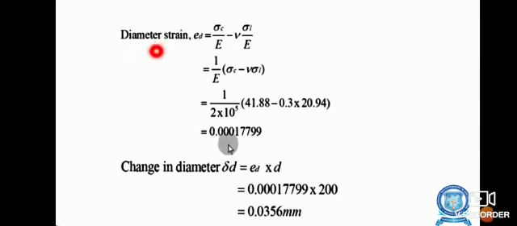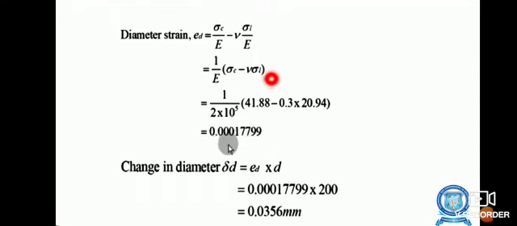Next we have to find out the diameter strain. So E suffix D is equal to sigma C, that is circumferential stress divided by Young's modulus, minus mu into longitudinal stress divided by Young's modulus. So we have simplified that formula. What happened? 1 divided by E, that is Young's modulus, into circumferential stress minus mu into longitudinal stress.